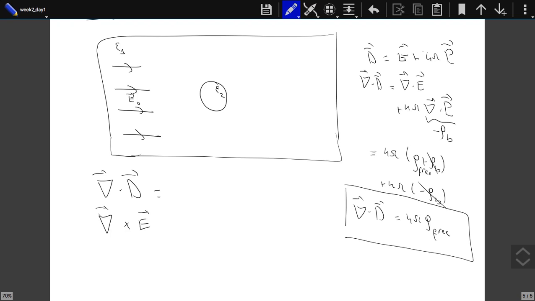So back to our system, what is the divergence of the displacement field in this system? This is the general expression of the divergence of the displacement. What is rho free in this case?